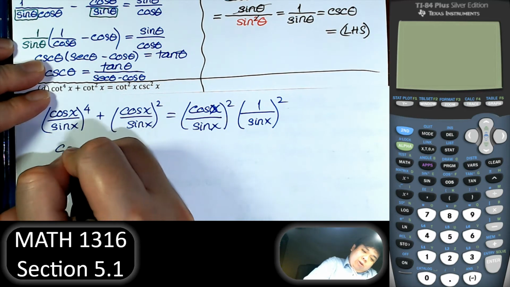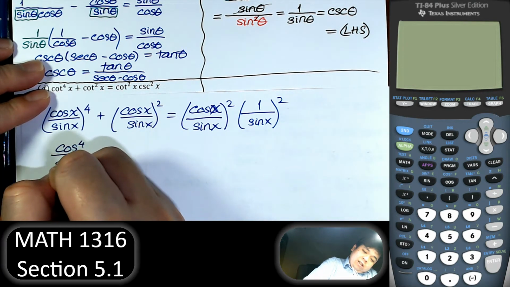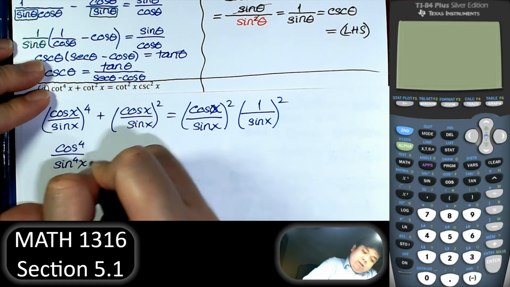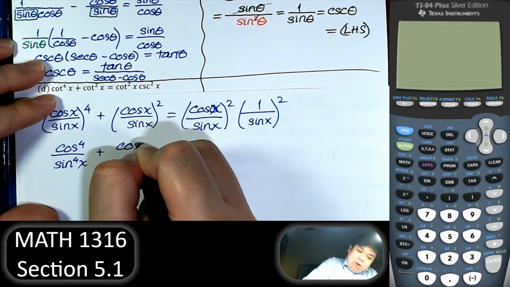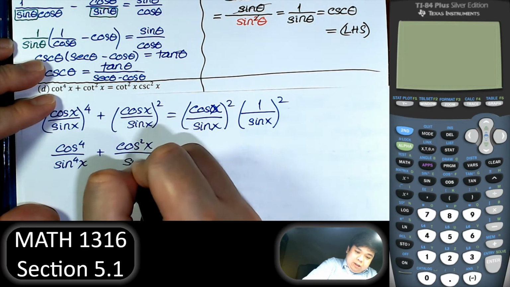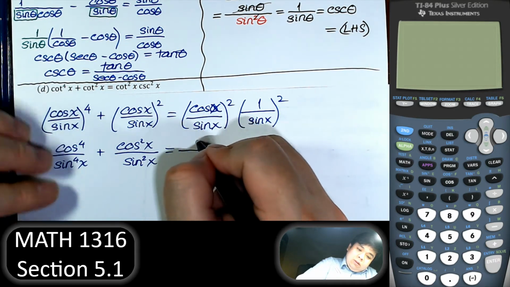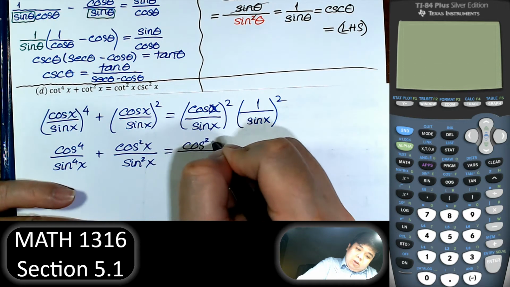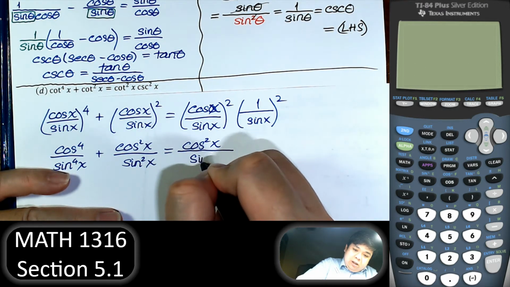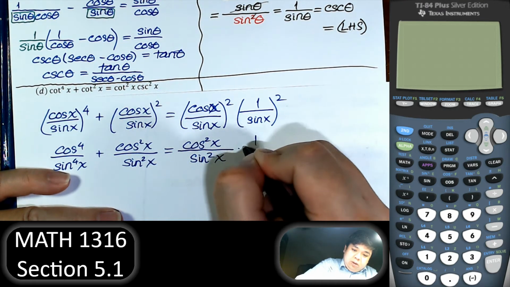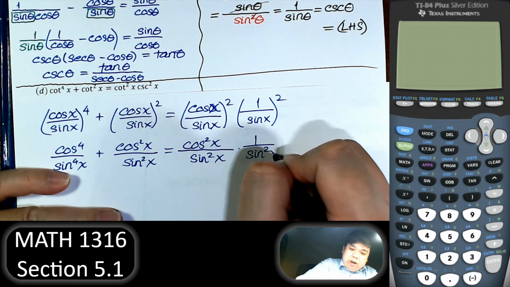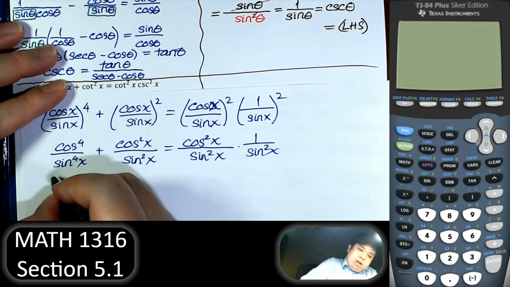We will have cosine to the 4th power over sine to the 4th power, cosine square over sine square, cosine square over sine square, times sine square. Right, sine square times sine square, that is sine to the 4th.